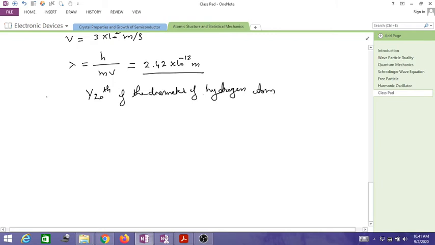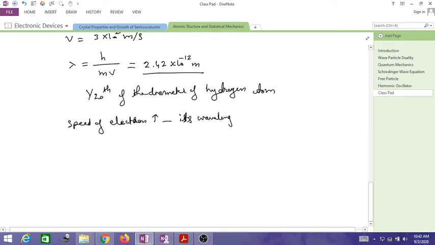Looking at this equation, we can conclude that as the speed of the electron decreases, its wavelength increases. And if the speed of an electron increases, then its wavelength decreases.